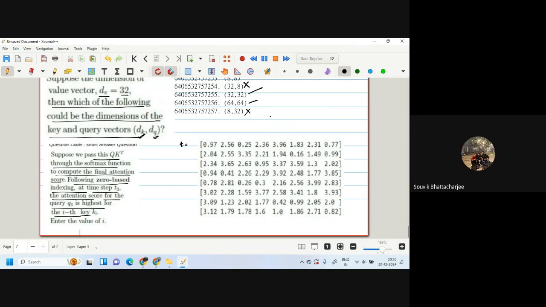So t equals 0, t equals 1, t equals 2, and so on, up to 8. We do it like this, if you remember. These are masked words, so here I will not pay any attention to these words.